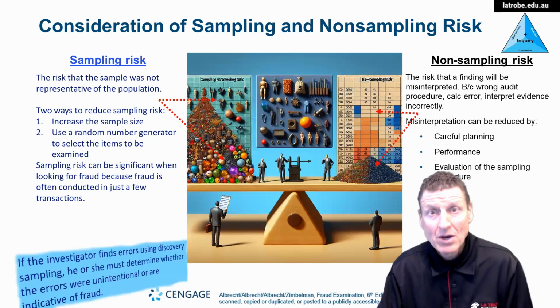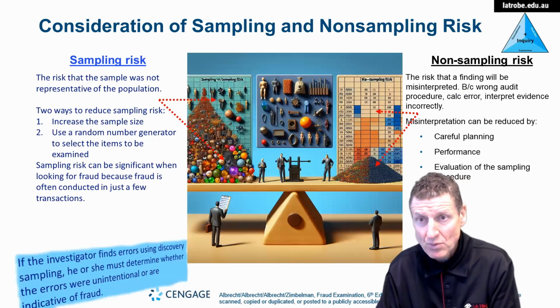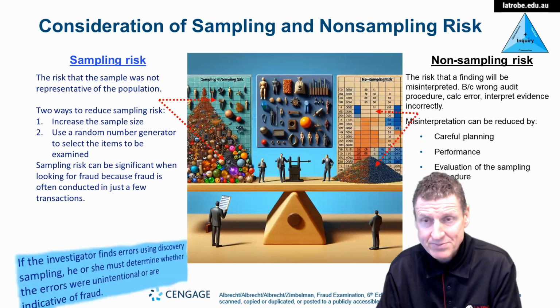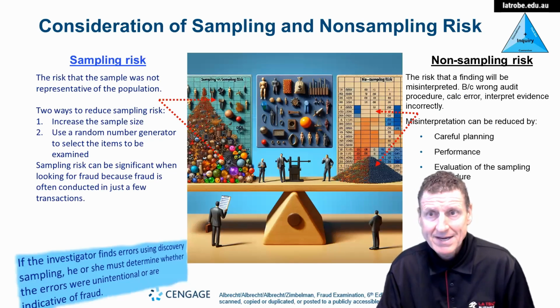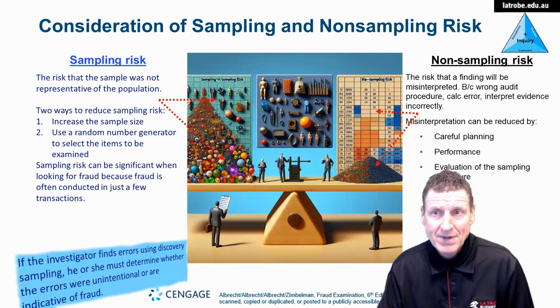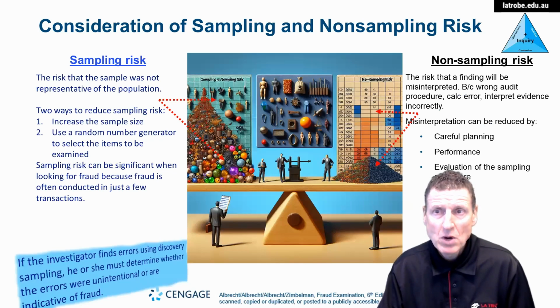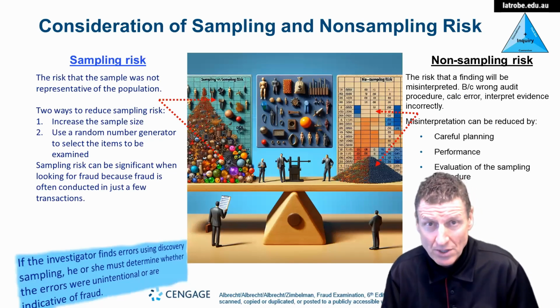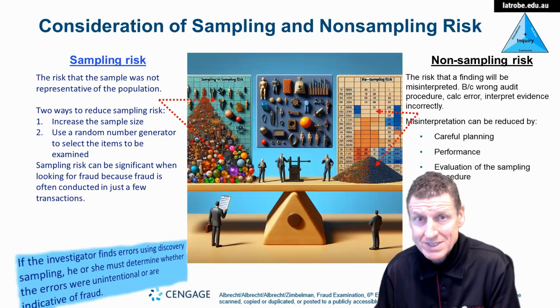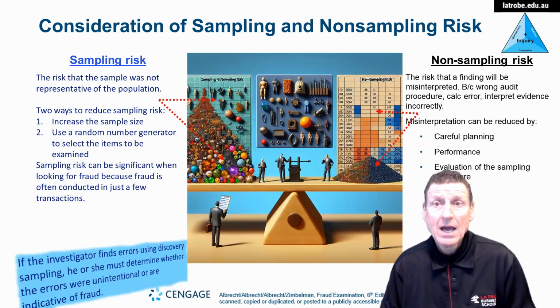Okay? All right. Now that's different from a non-sampling risk where you actually pick out your sample and you make a judgment about the evidence, but it is not representative of the population. This happens because of the wrong audit procedure or a calculation error, or the auditor interpreted the results incorrectly. All right.